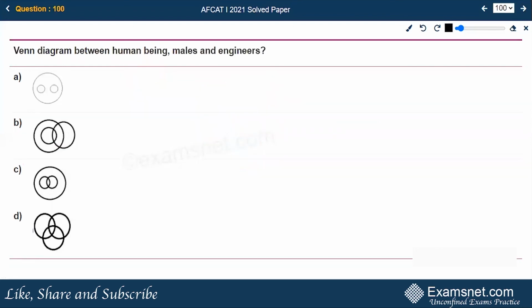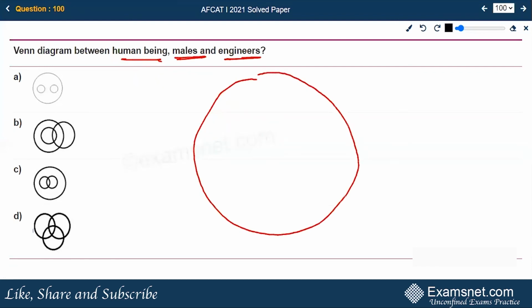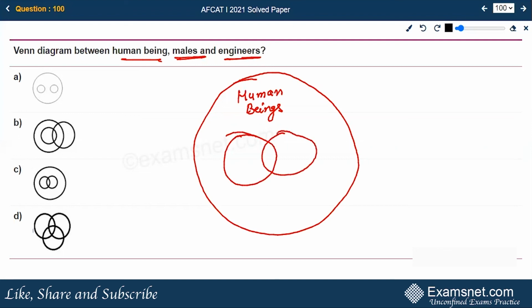Question number 100. Venn diagram between human beings, males, and engineers. Let's see. Every male and engineer is a human being. So let's make a big set which represents human beings. Let's draw males first. Some males can be engineers, not all males will.